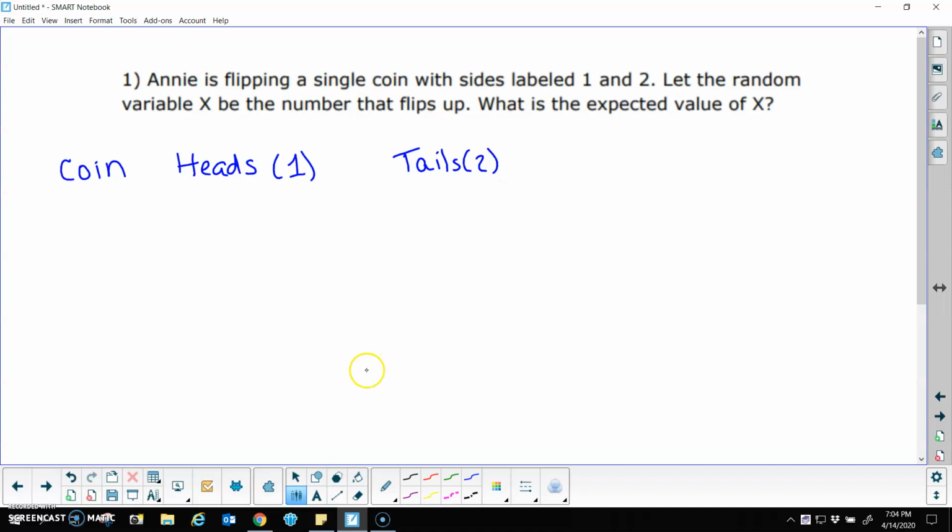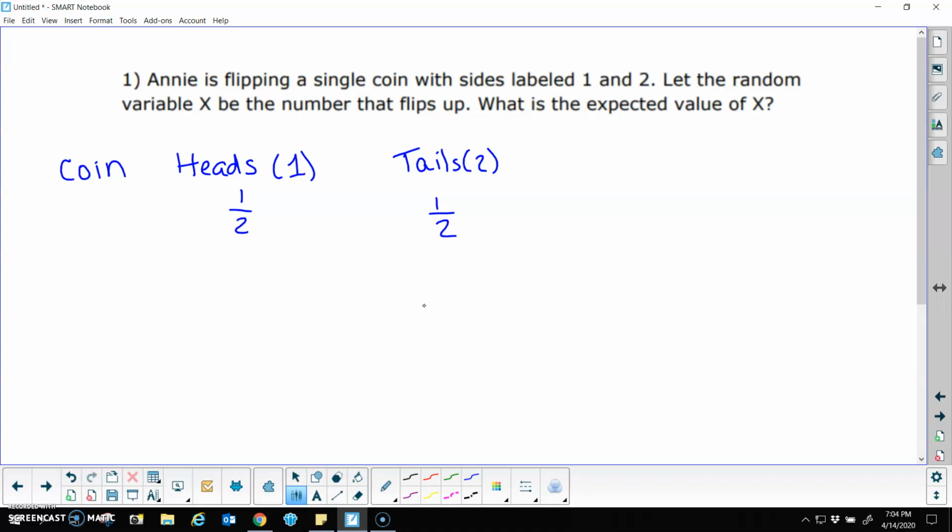Now, just think for a second, what's the probability of me getting heads when I flip a coin? Yes, that is right. It is 1/2. Now, what is the probability of getting tails if we flip it? Yes, we get a 50% chance of getting tails, just like getting heads.